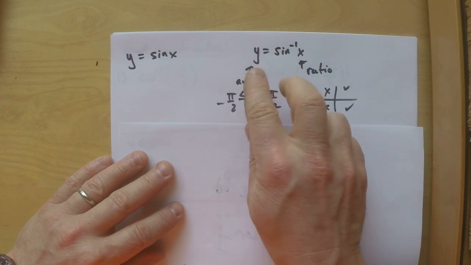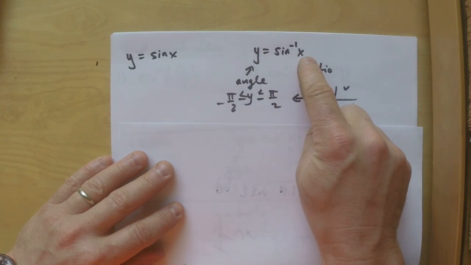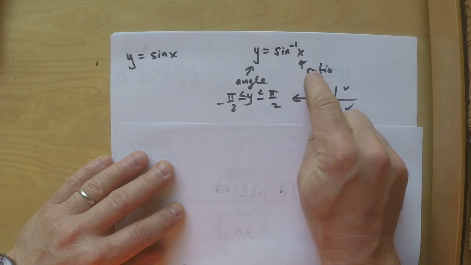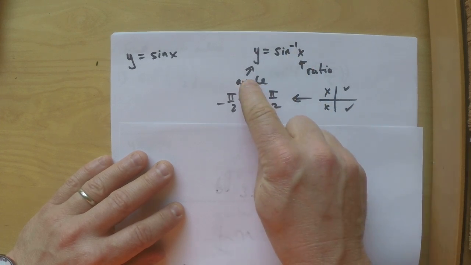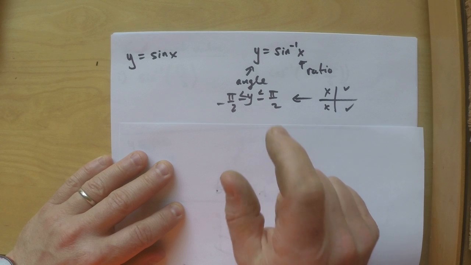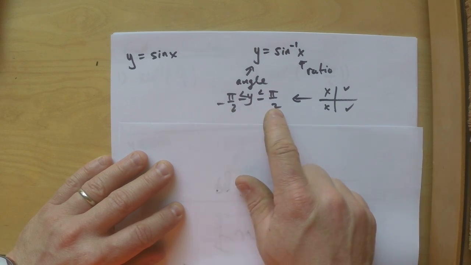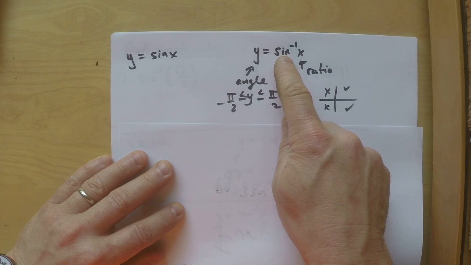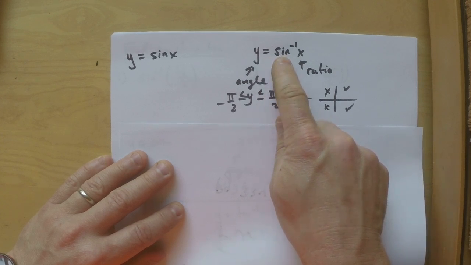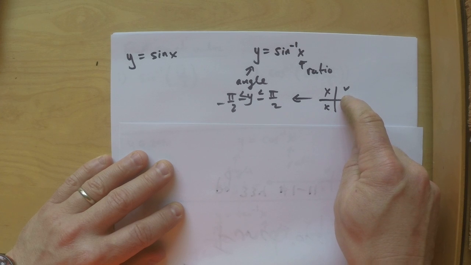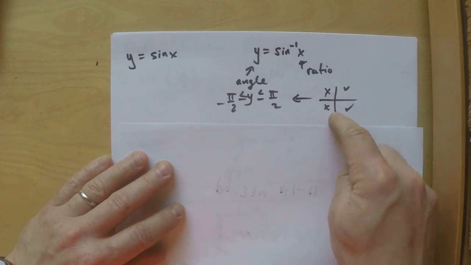Remember a few things with this inverse sine. The number going into the inverse, or arc sine, is a ratio. The number that's coming out is the angle, and the angle they decided to limit it at was between -90 and 90, negative pi over 2 and pi over 2. So basically this function is only allowed to spit out answers in quadrant 1 and quadrant 4. So 0 to 90 and 0 to -90.